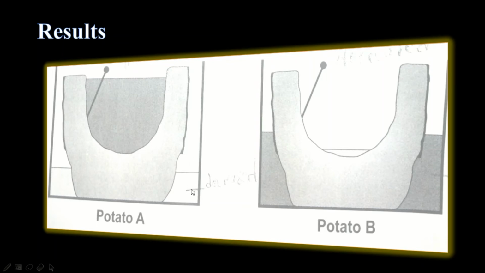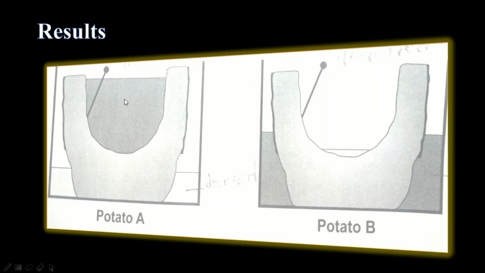We already said that water moved from the beaker into the potato through the cells of our potatoes, through a partially permeable membrane. So water moved from where it's in high concentration, which is in the beaker, through the cells of our potatoes, and because of that the water level in the potato increased, making the solution more diluted.